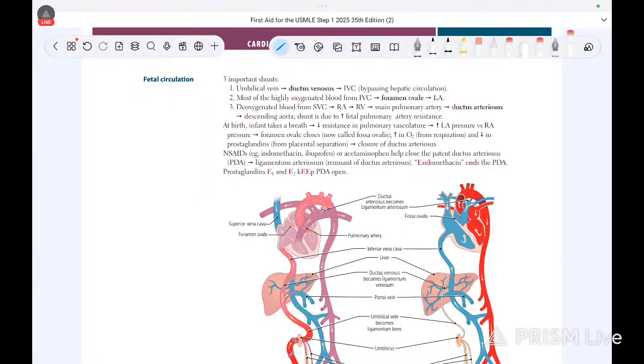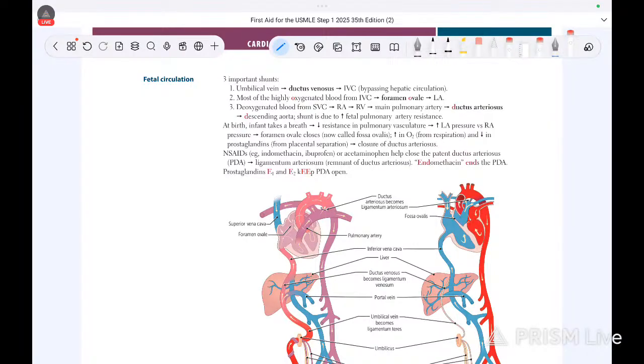There is increase in oxygen from respiration and decrease in prostaglandin from the placental separation. The placenta was supplying the prostaglandin, so there is decrease in prostaglandin, oxygen is increasing, and resistance here is less. So ultimately the blood goes towards the easier way, and the ductus arteriosus closes.